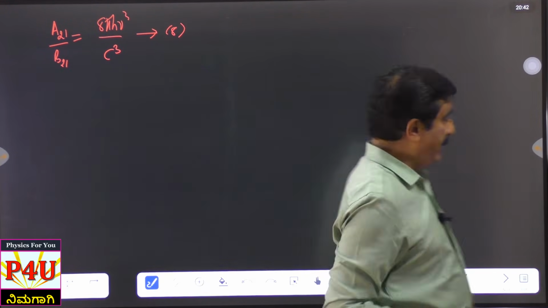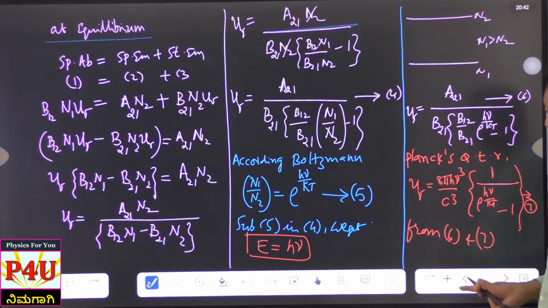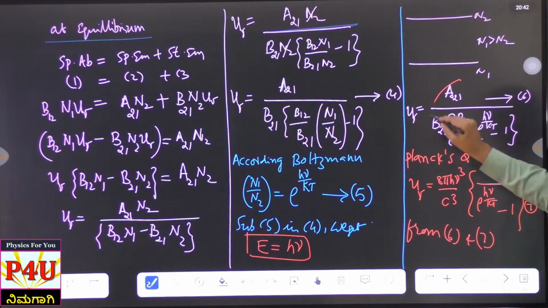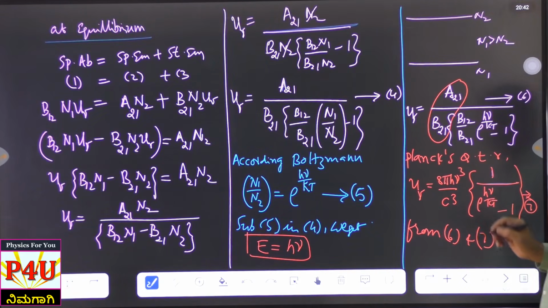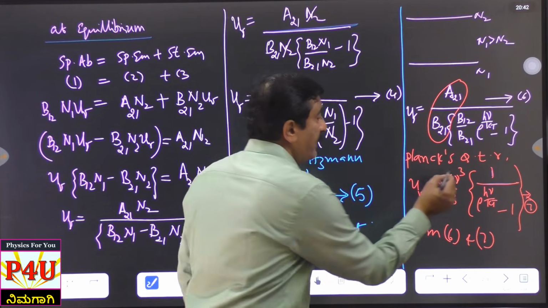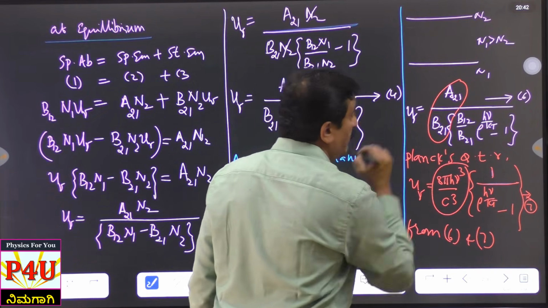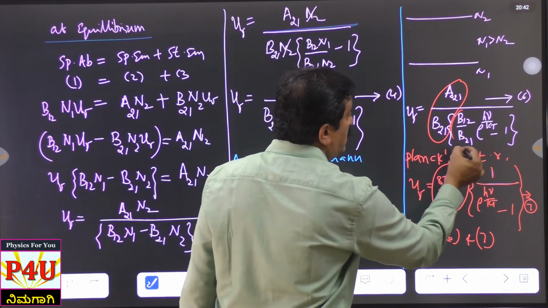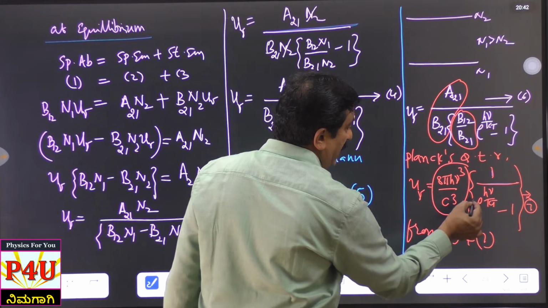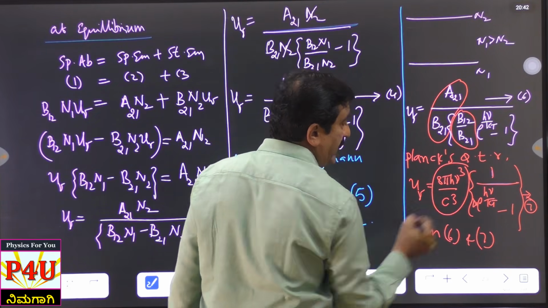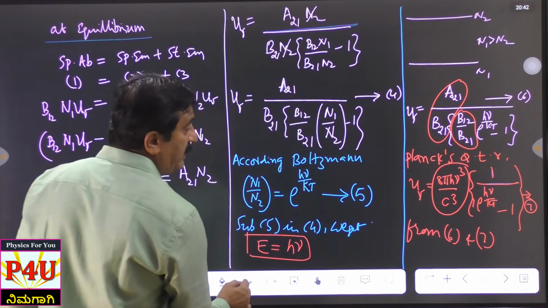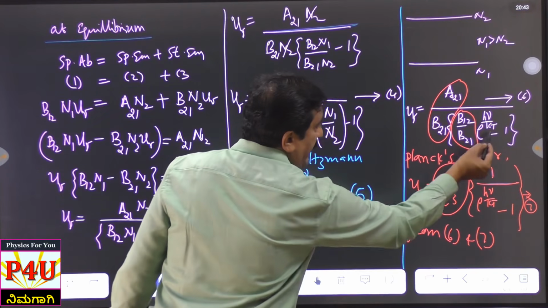And one more comparison. I am comparing. In the place of A21 by B21, I have 8 pi h nu cube by c cube. Next, in the place of B12 by B21, we have nothing. That means we have 1 here, before h nu by kt.